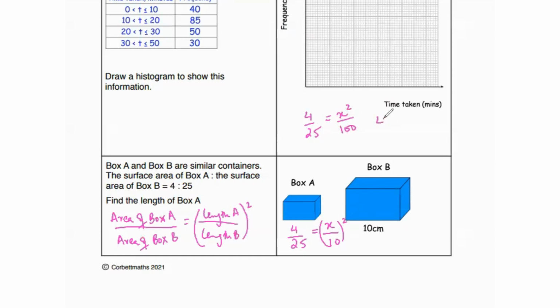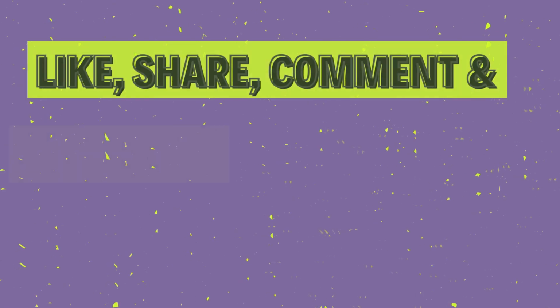Cross multiply: 4 times 100 over 25 equals x squared. We know 25 times 4 is 100, so this gets cancelled out and this becomes 4. That's 16 equals x squared. Square root both sides. So 4 centimeters equals x. That is your length of box A.